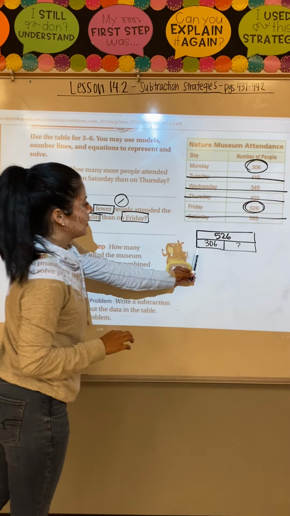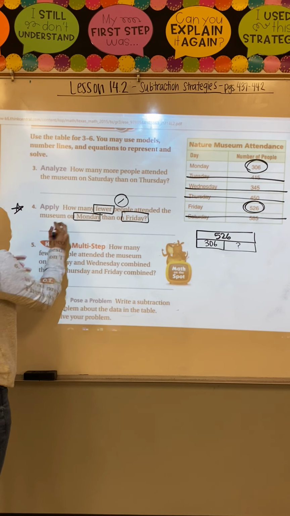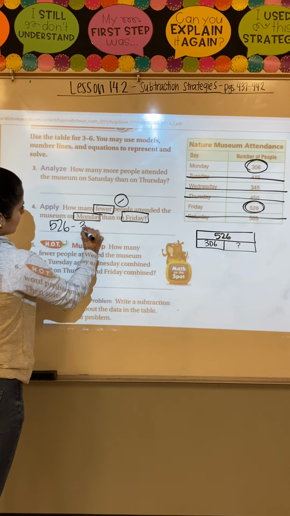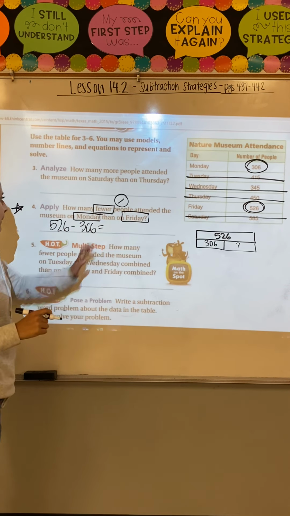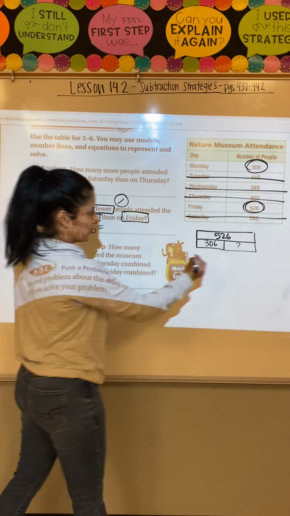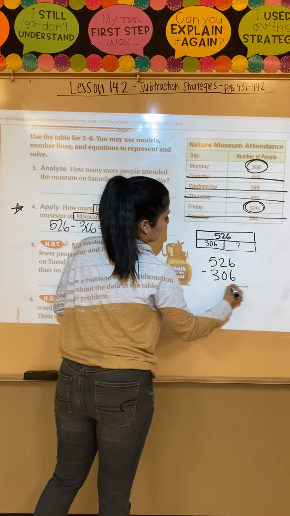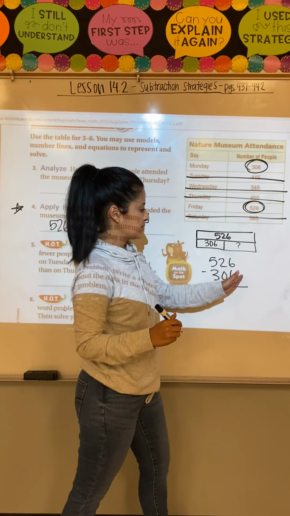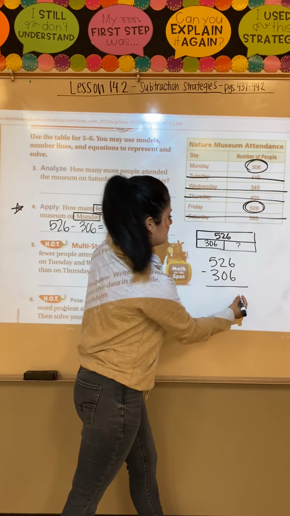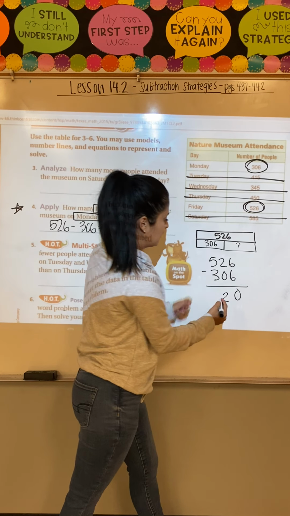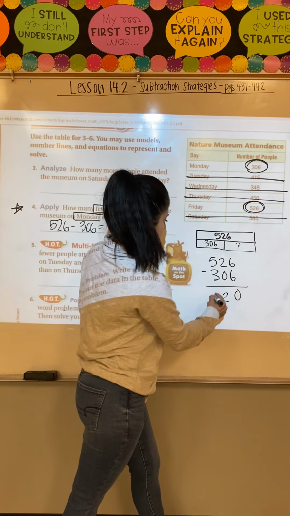Okay, so if I were to write my equation off to the side, 526 minus 306 is my number of people. Let's solve. Six minus 6 is 0. 2, take away nothing, is still 2. 5 minus 3 is 2.